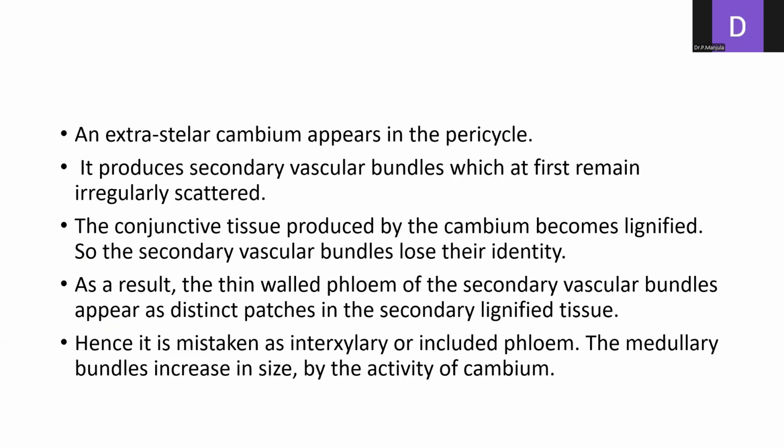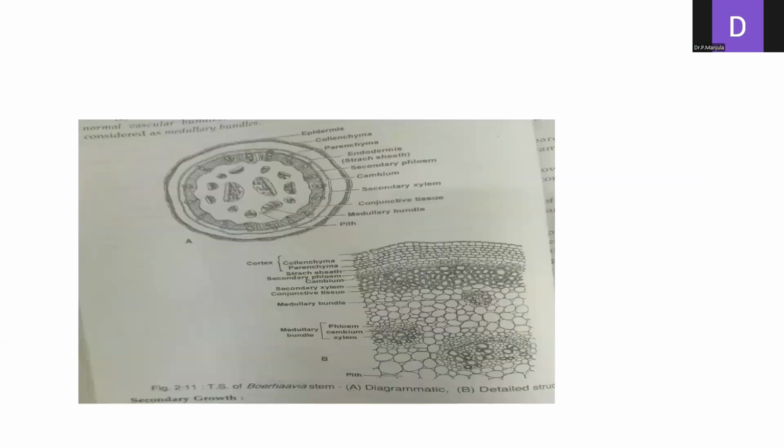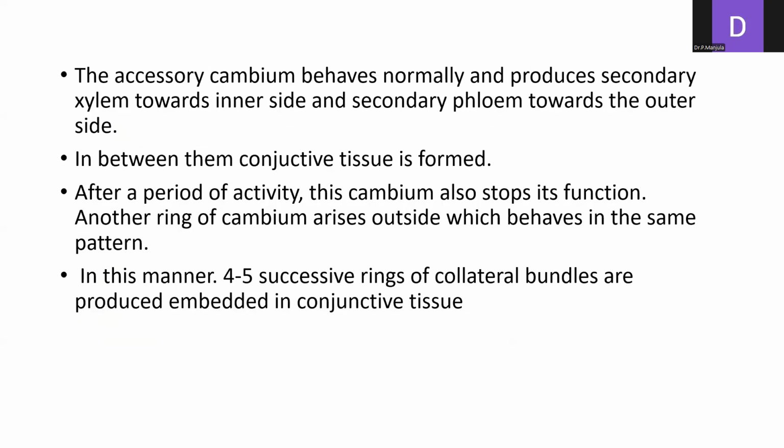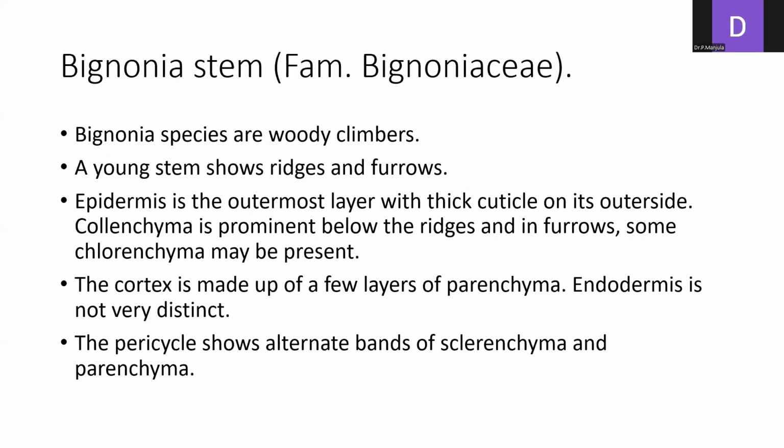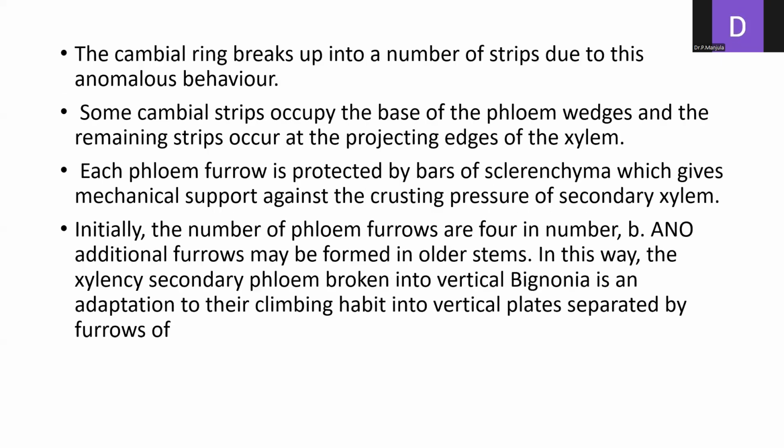Okay, the next one is Bignonia. Here only one cambial ring produces, at only four regions, more secondary phloem towards the outside and less secondary xylem towards the inner side. Due to which it shows ridges and furrows, and it is the adaptive anomaly in Bignonia. So this is about the anomalous secondary growth in dicot stems.